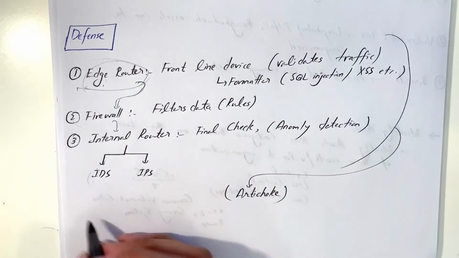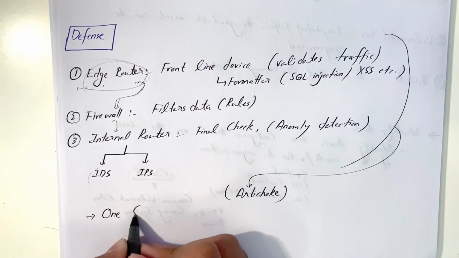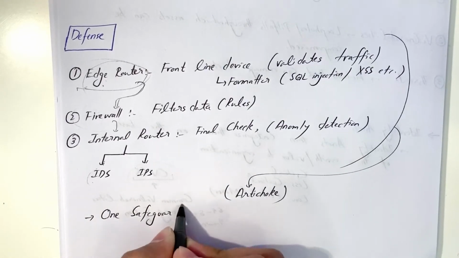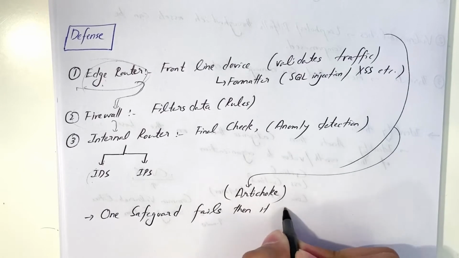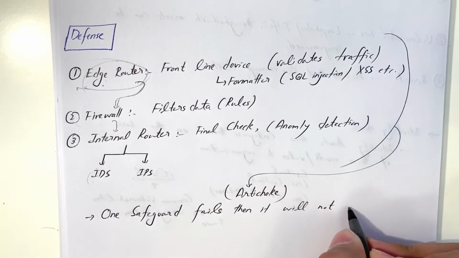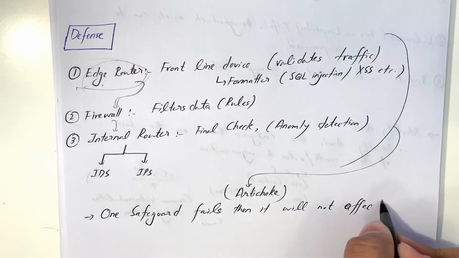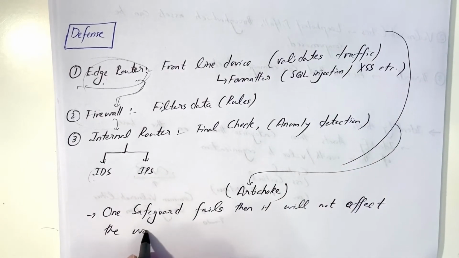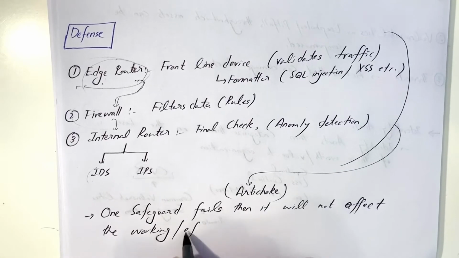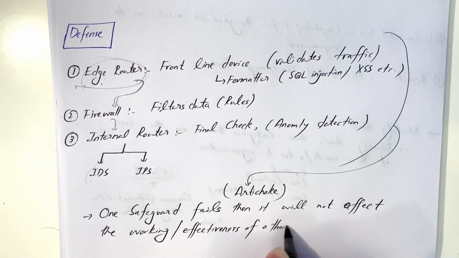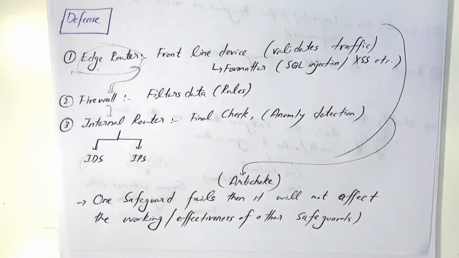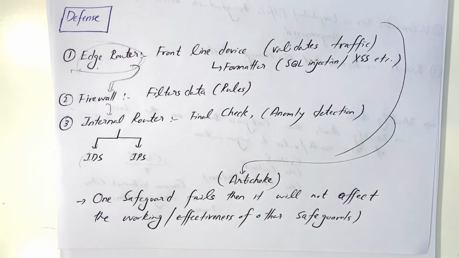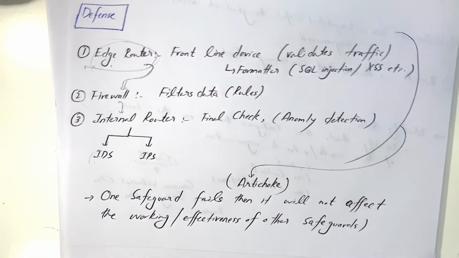So the main idea is, if one safeguard fails, then it will not affect the working, or you can say effectiveness, of other safeguards. The reason is again that these are independent, they are not dependent on each other.